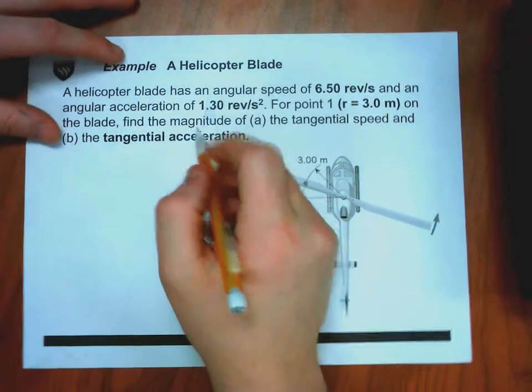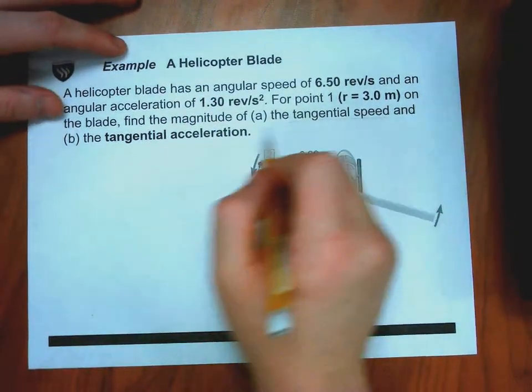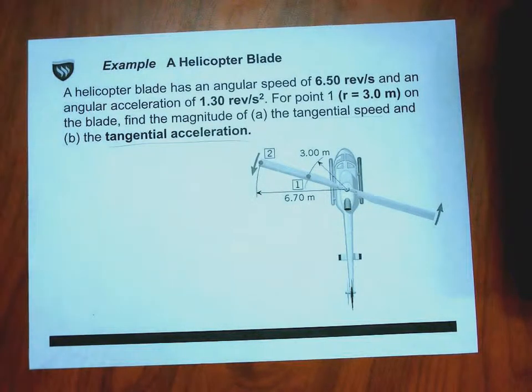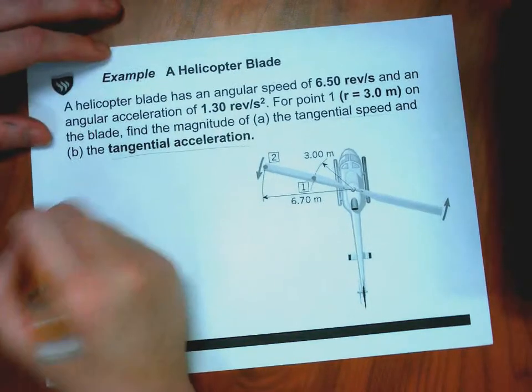They want us to find the magnitude of the tangential speed and the magnitude of the tangential acceleration. So first of all, let's write down the stuff that we know. You probably see already that we're going to have to involve some unit conversions.